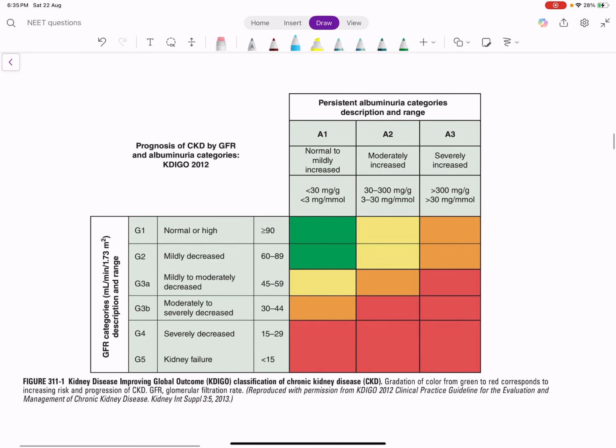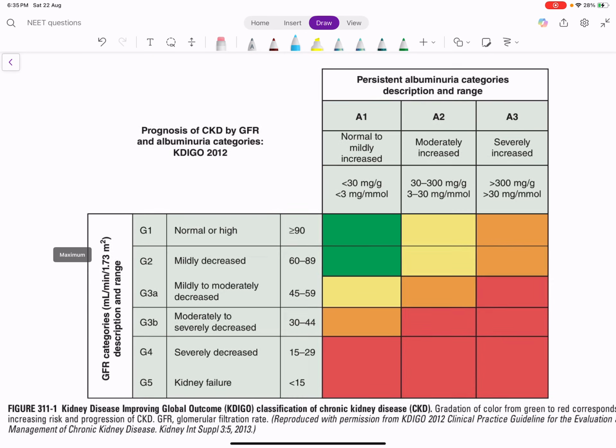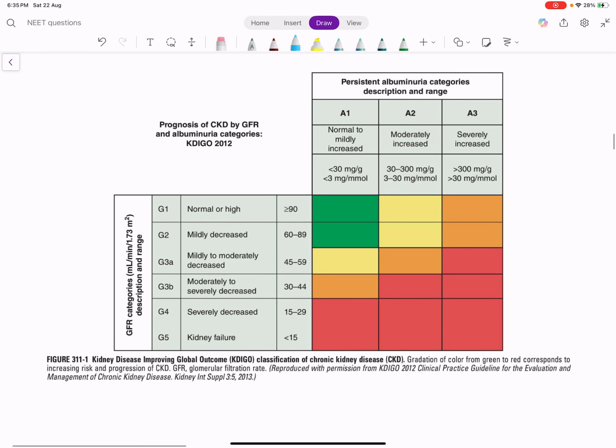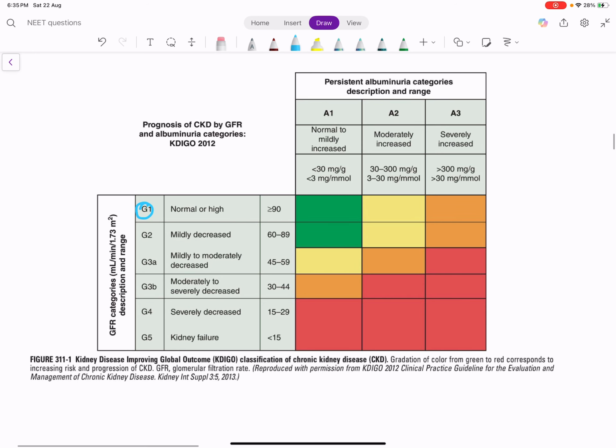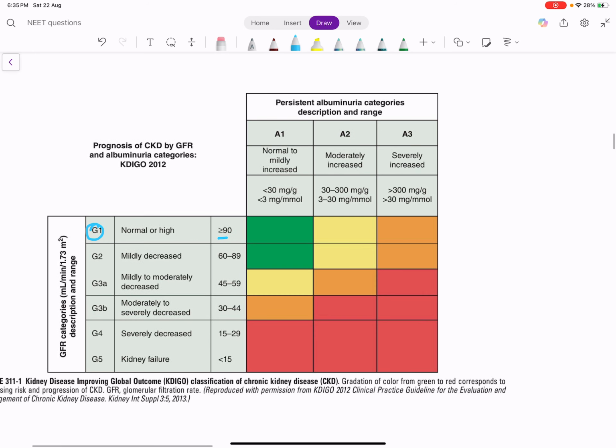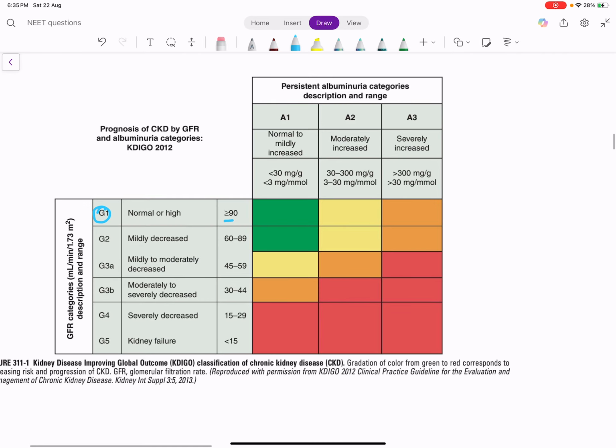Now there is another classification which is given. So we can tell that this KDIGO stage 1 to 5 is based on GFR. So it is otherwise given G1, G2, G3A, G3B, G4 and G5. So the same eGFR categorization. I told you not all CKD is same, right?